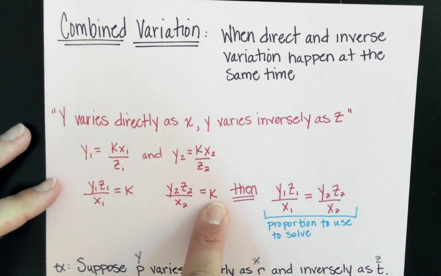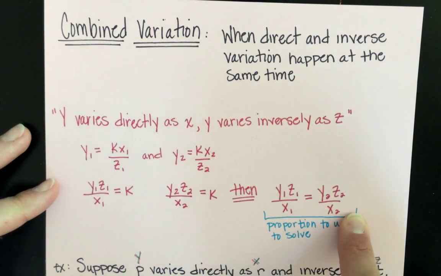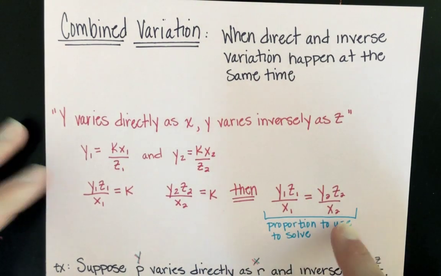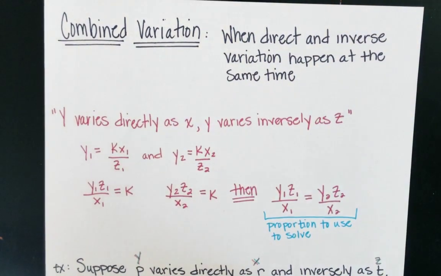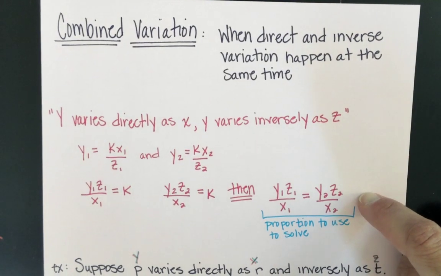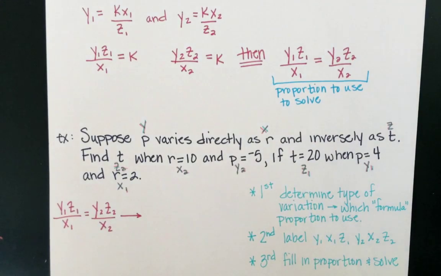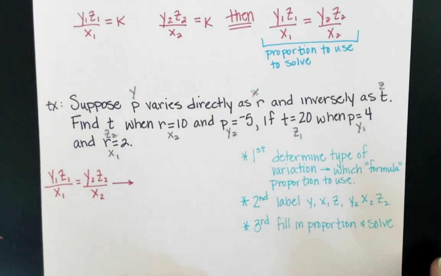And again, it all happens because of these separate problems that can be worked out. We can adjust them to make them equal to each other. And again, here's this proportion that we're going to want to use. So again, trying to save some time with the proportion. So here's the formula I'm going to take off of my note card or my formula sheet. And just like many of you probably already saw, here's the first example.